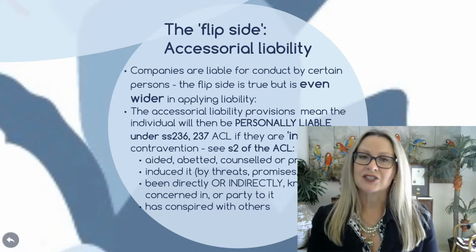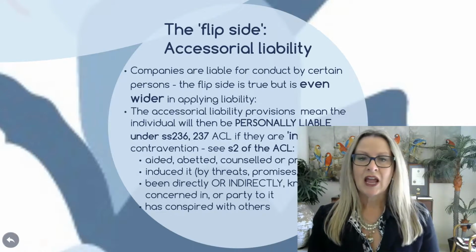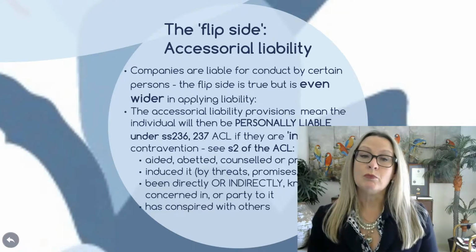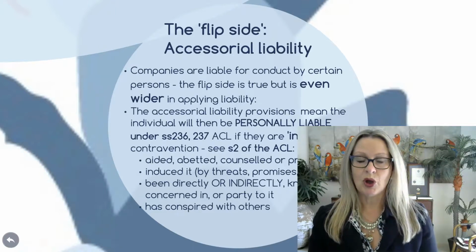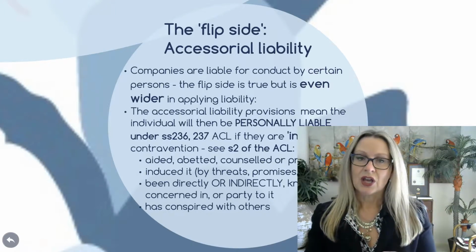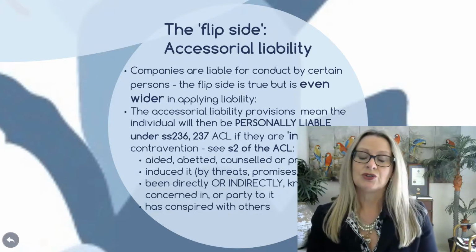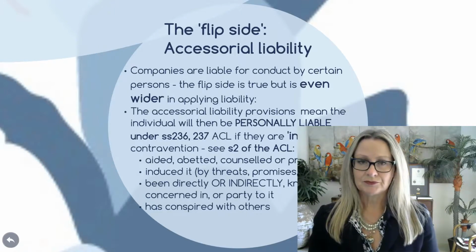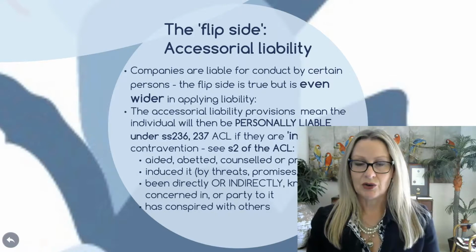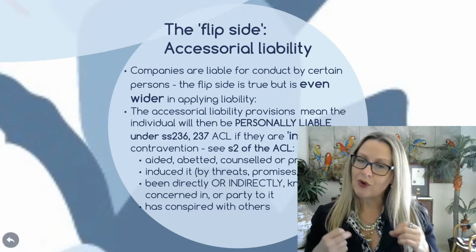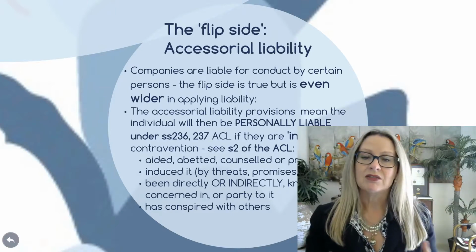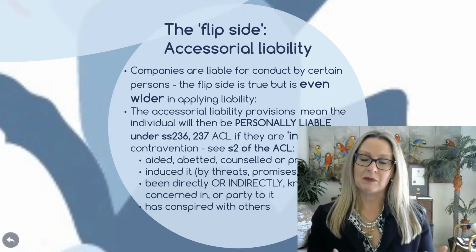Oh, no, no, no. Our legislation is far scarier than that. You may well find that if that is the kind of conduct you've engaged in, then you personally may find yourself liable for either compensation under 237 or damages under 236 if you have been an accessory to a breach of the ACL. And people that have been involved in a contravention, even if they're not primarily liable, if they've been involved in the contravention somehow, they can either be made to pay damages or compensation.